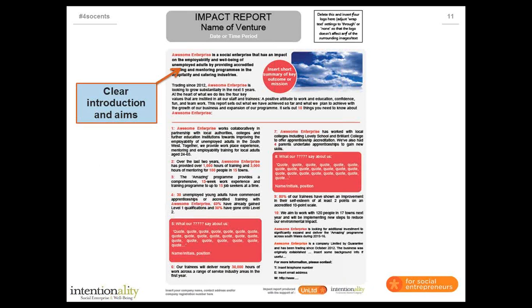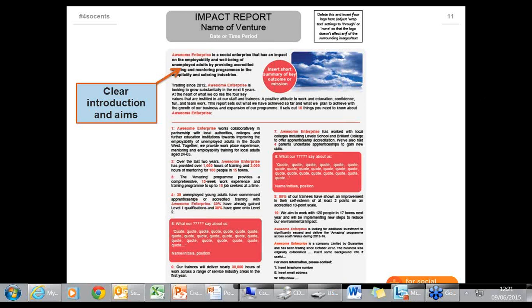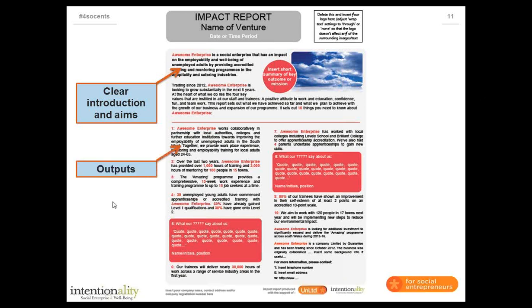So this is, again, the reason for zooming out. We'll get into the detail of these in just a moment, but let's just indicate where we are in terms of the overall layout. At the top, at the beginning, is a clear introduction and some indication of aims. And then onwards to the next one. So we've got outputs as we begin these little segments, then on to outcomes.